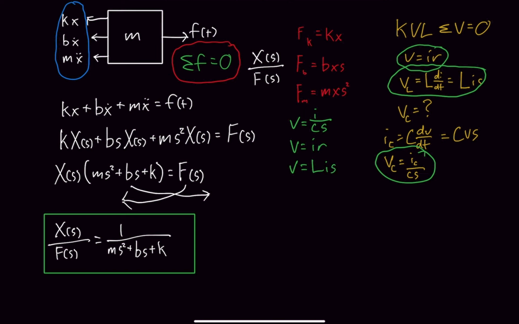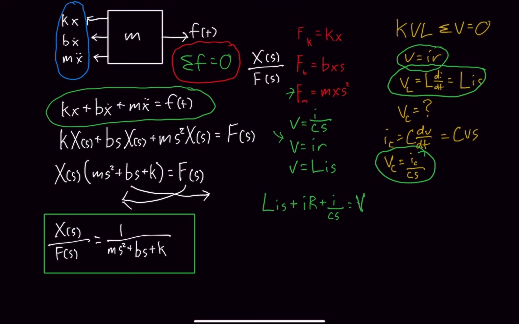So let's set up a similar equation to this with that. So knowing that instead of forces, we're doing voltages, let me go ahead and make all this side LIs plus IR, let me do a capital R, plus I over Cs equals, and we're going to have our forcing function of V of s.